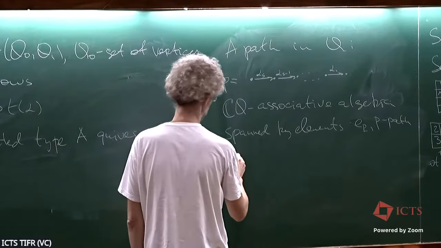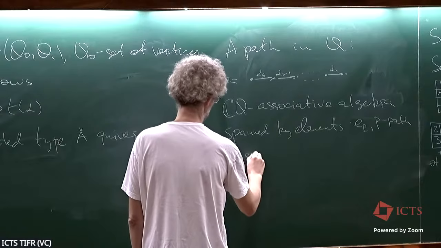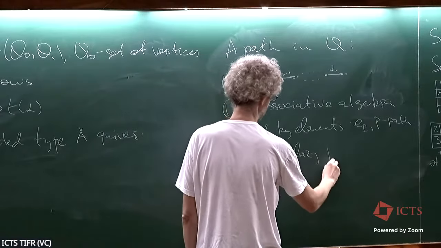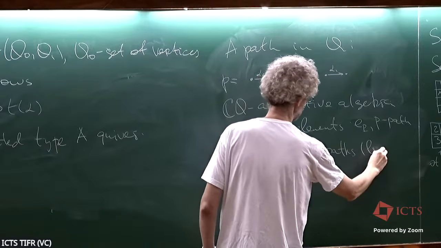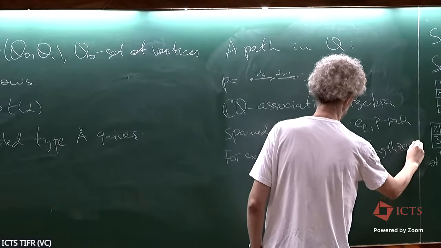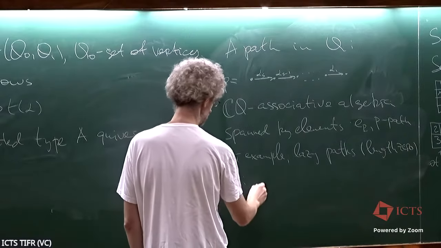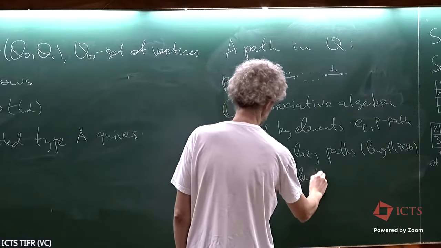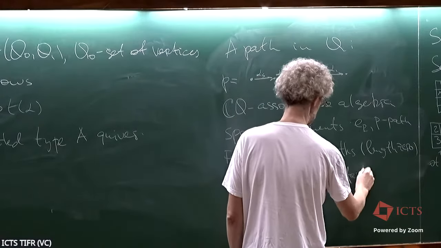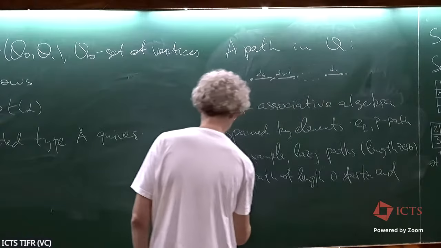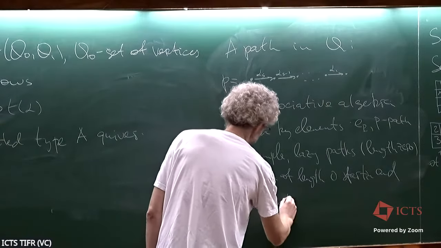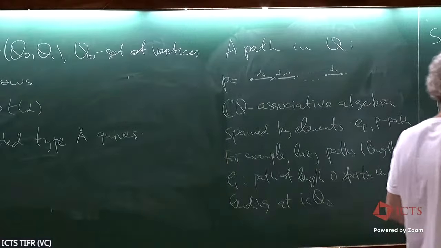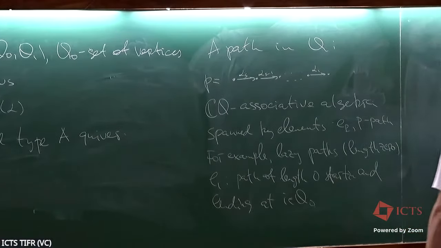In particular, there are so-called lazy paths of length 0, EI, which correspond to the path of length 0 starting and ending at the vertex I. So for each vertex you have a lazy path, and if you sum them up, you get the unit in the algebra.